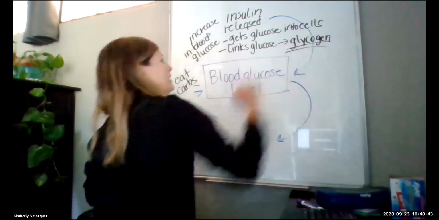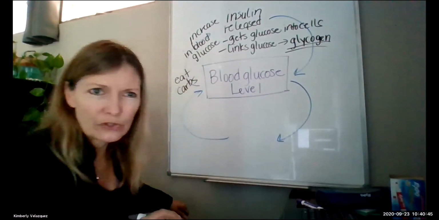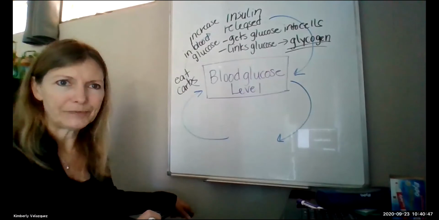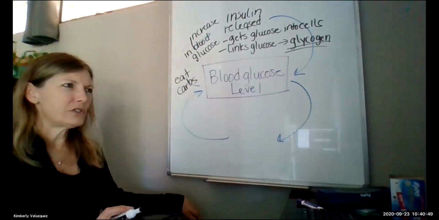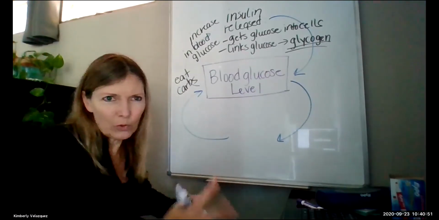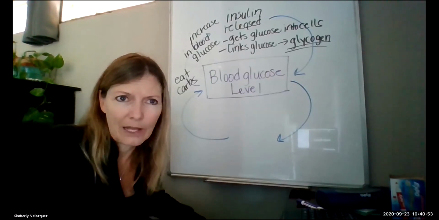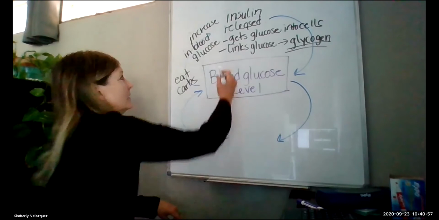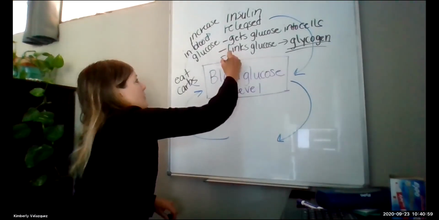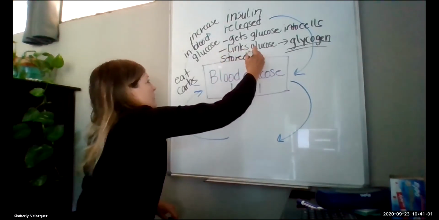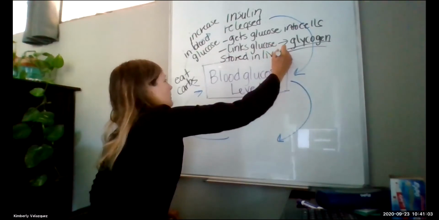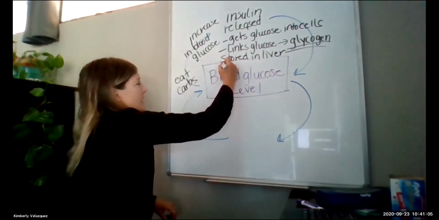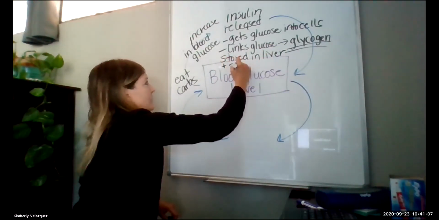And that glycogen, that's our sugar storage short term. We store about, on average, a 4 to 6 hour supply of glycogen, and we store it mostly in our liver. Okay, and a small amount in your skeletal muscles.